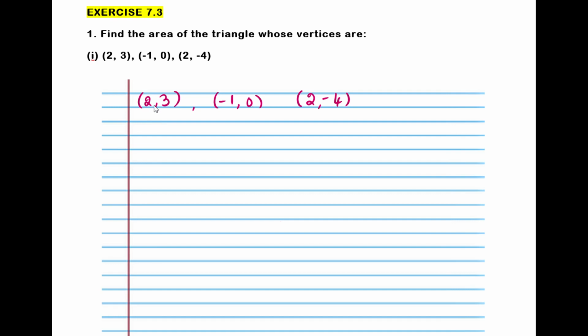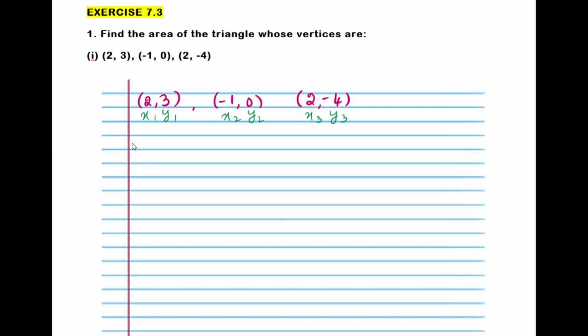Now consider 2, 3 as x1, y1, this as x2, y2, then x3, y3. What is x1? x1 is 2, y1 is 3, x2 is minus 1, y2 is 0, then x3 is 2, y3 is minus 4.